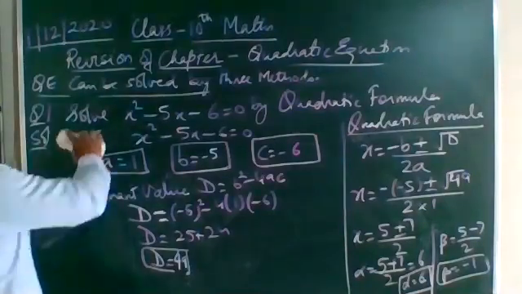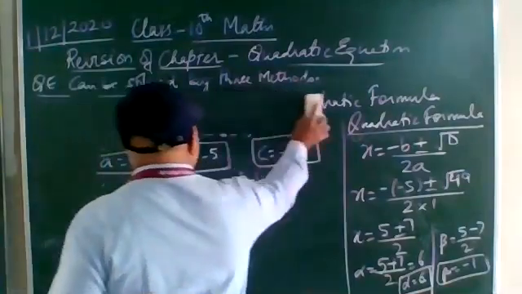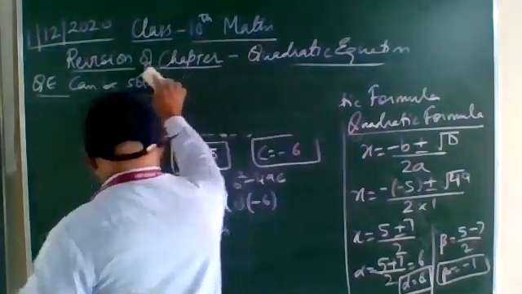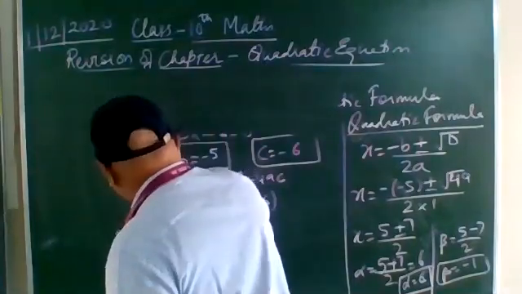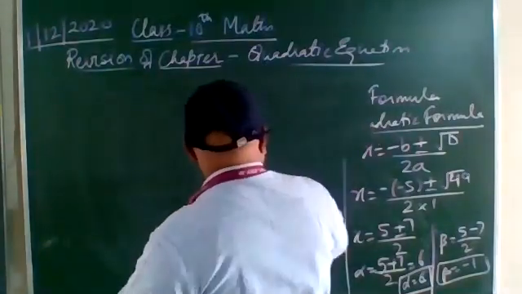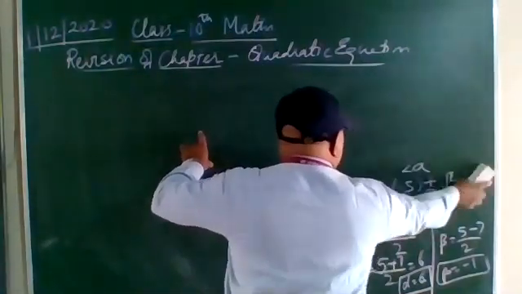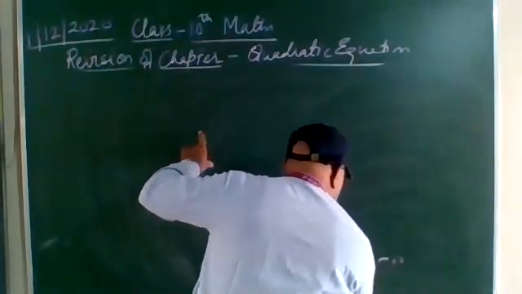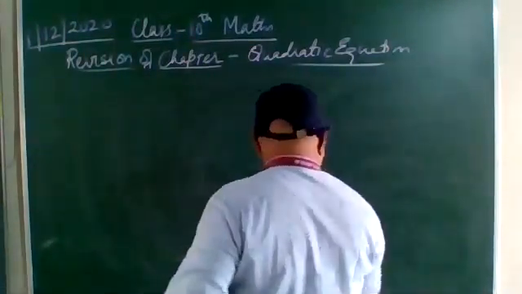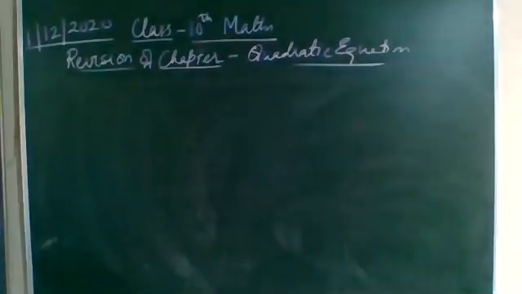After the quadratic formula, we must now know about the nature of the roots of the quadratic equation. This is another important question: without solving a quadratic equation, determine the nature of the roots. To find the nature of the roots, we find the discriminant value.